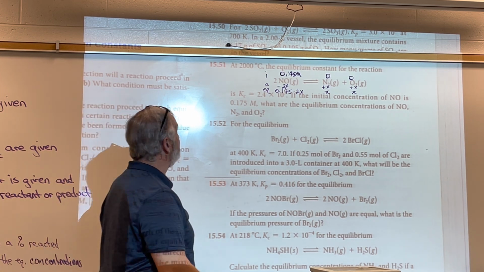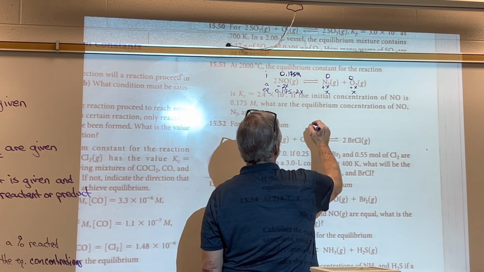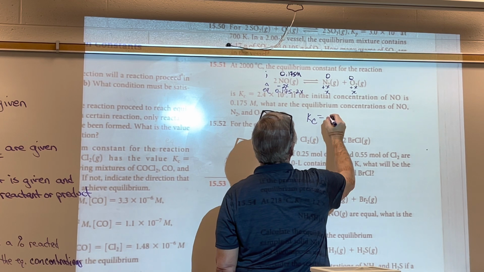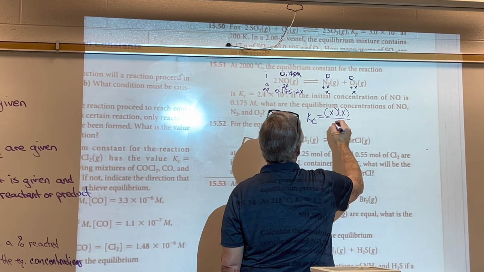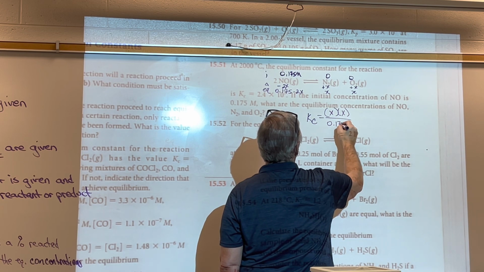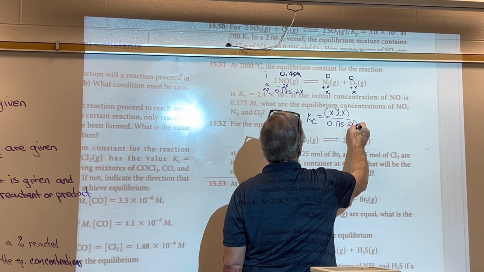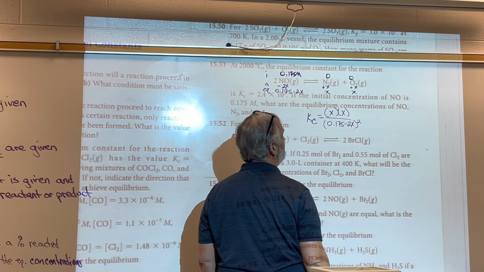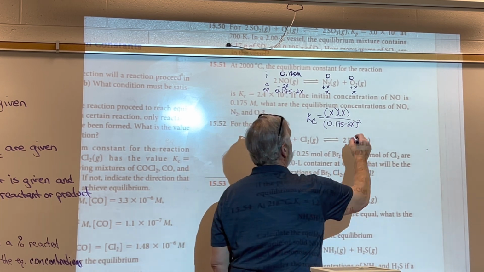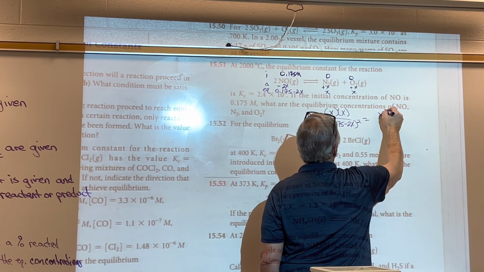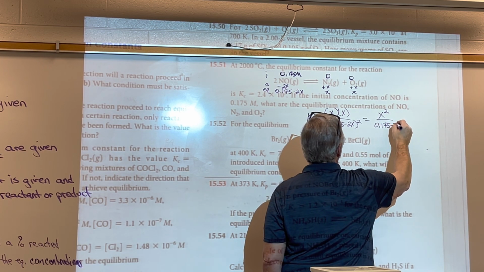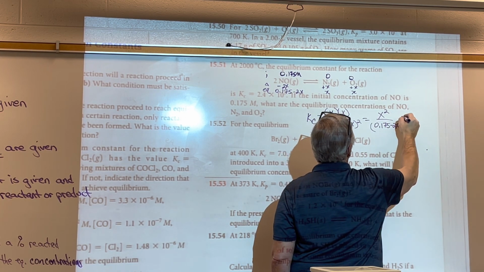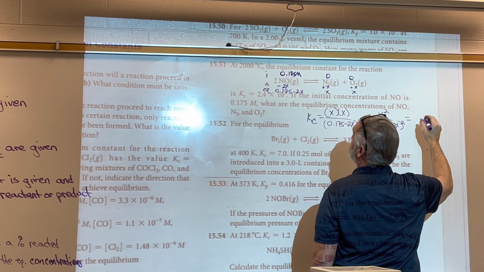So when I go and plug that into my Kc, Kc is gonna equal x times x all over 0.175 minus 2x squared. Which means it's gonna be x squared over 0.175 minus 2x squared is all gonna equal 2,400.